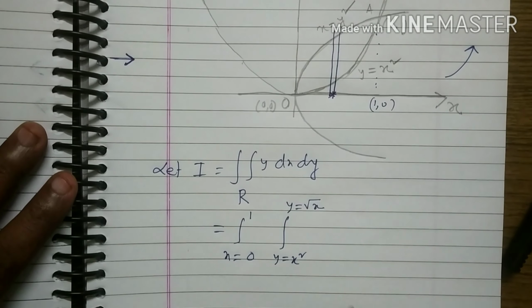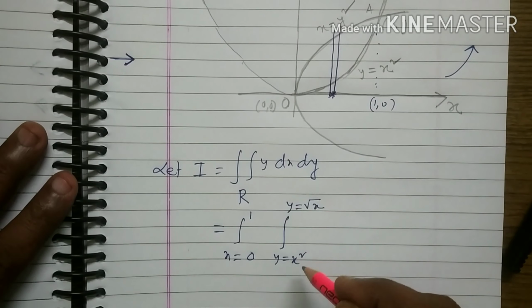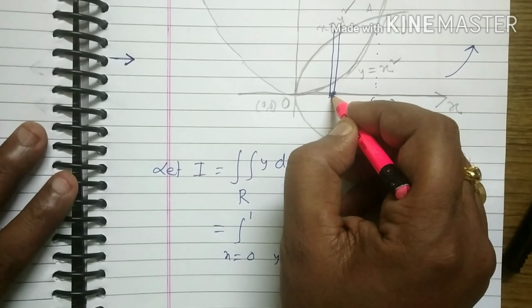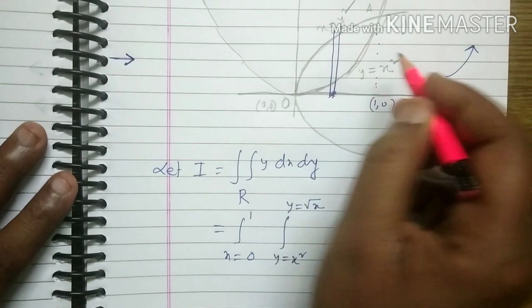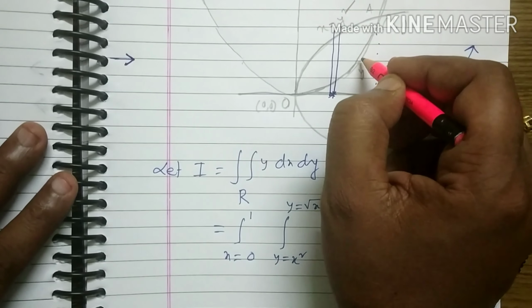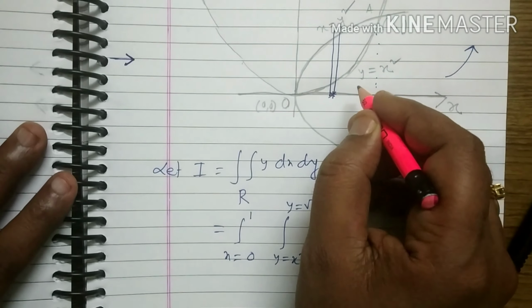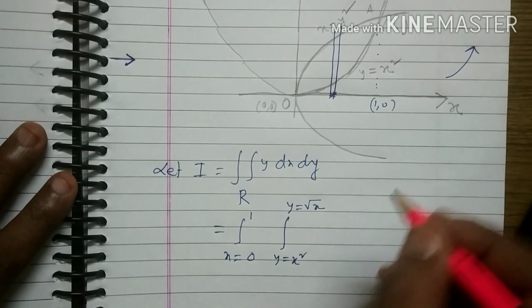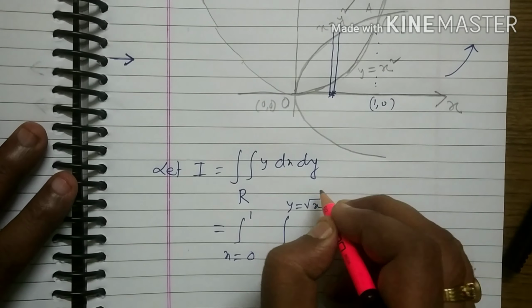And how to decide the y upper limit and lower limit? Very simple. Just stand on the x-axis and check which curve is close to you. There are two curves, this and that. Which one is close to you? This information should be the lower limit. And the one that is left will be the upper limit.